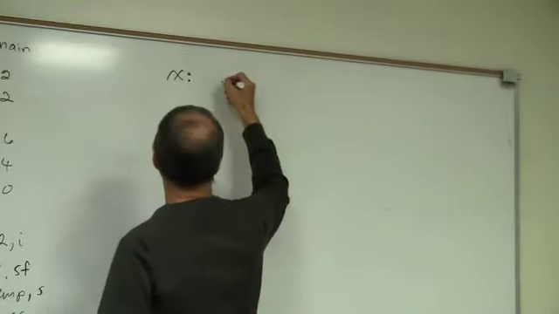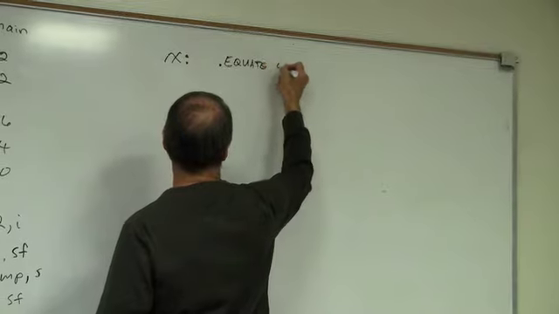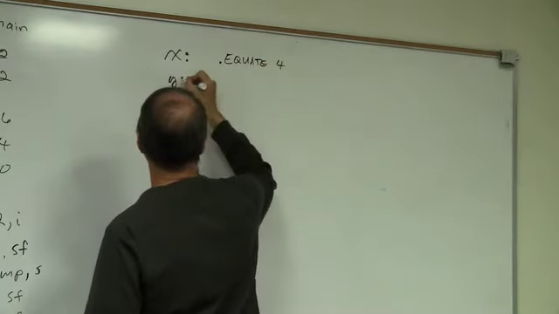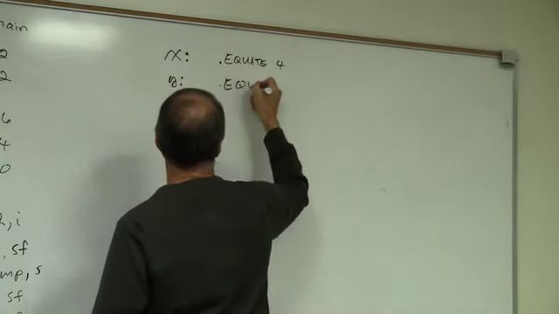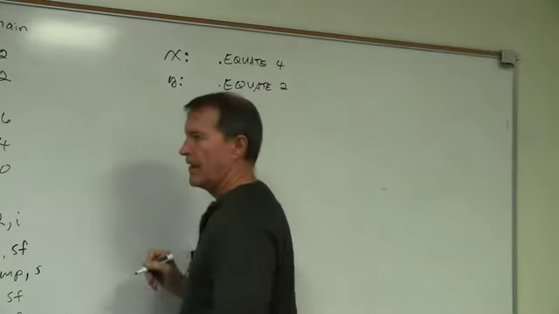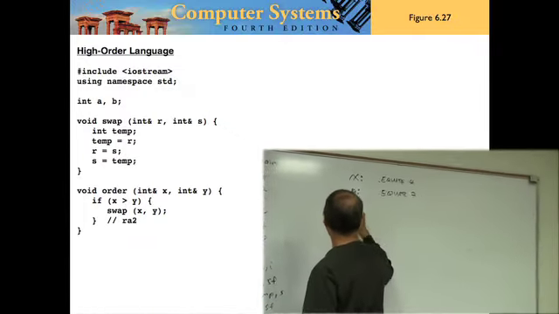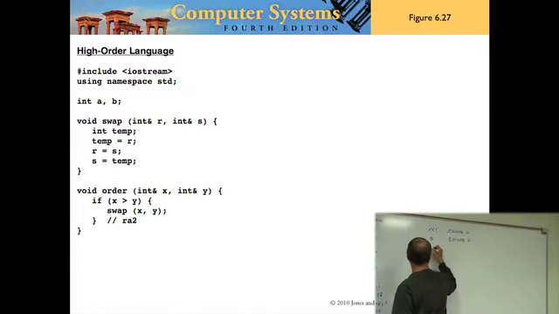So X .EQUATE 4, Y .EQUATE 2. And now we are doing the if statement, order, right? And do we have any locals? Nope. The only thing we do is swap.